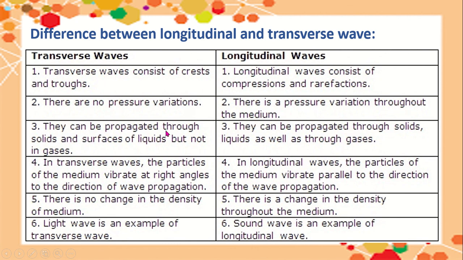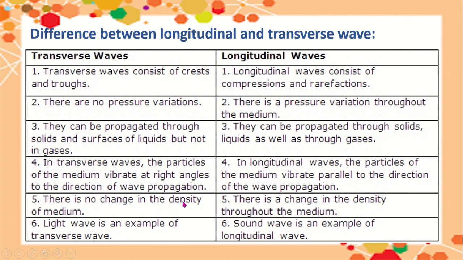Transverse waves can be propagated through solids and the surface of liquids, but not gases. Longitudinal waves can be propagated through solids, liquids as well as gases. In transverse waves, the particles of the medium vibrate at right angles to the direction of wave propagation. And in longitudinal waves, the particles of the medium vibrate parallel to the direction of propagation of the wave.